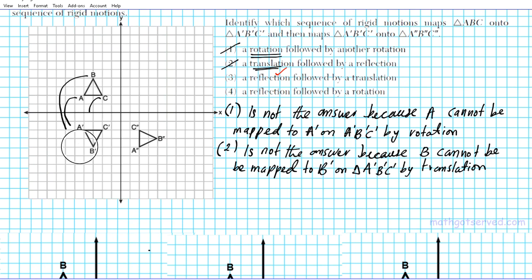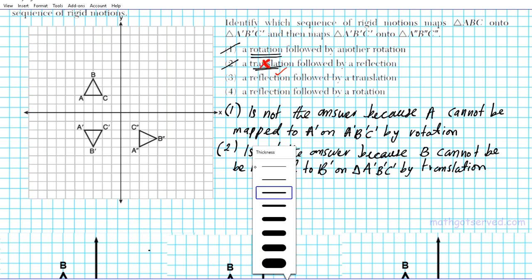So does that automatically make it the answer? No. There are two rigid motion transformations that have to be considered. If the first one is satisfied, it doesn't automatically mean that the second one is satisfied. We have to check both of them.